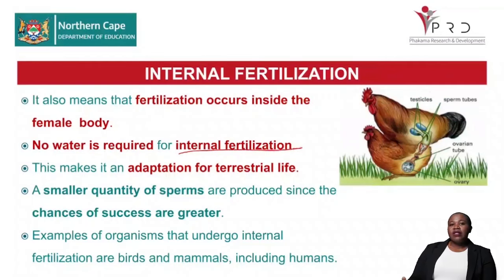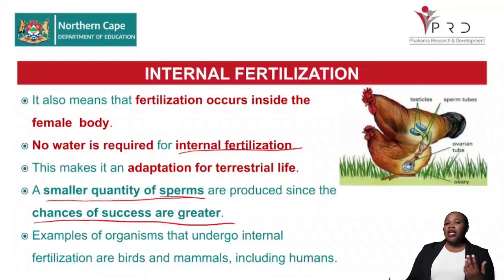Now, this is something that's different from external fertilization in the sense that the amount of sperm cells that are produced in this case are not as high as with external fertilization, because the chances of success are already great. Here there are no predators, there is no water to wash off the sperm or the egg cells, and there are no winds to blow away the sperms and egg cells.